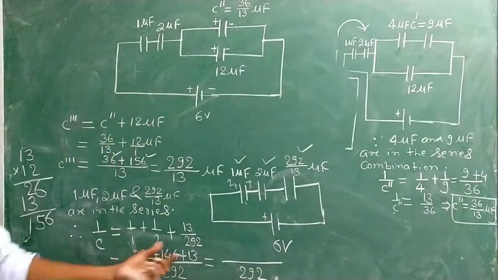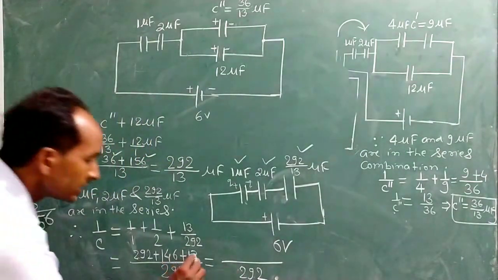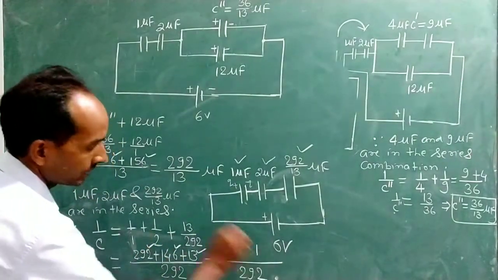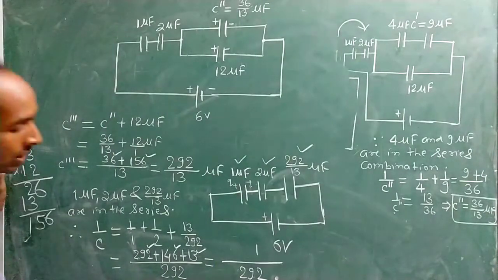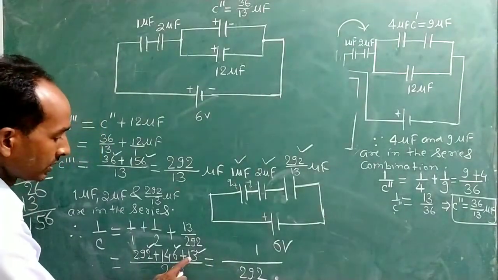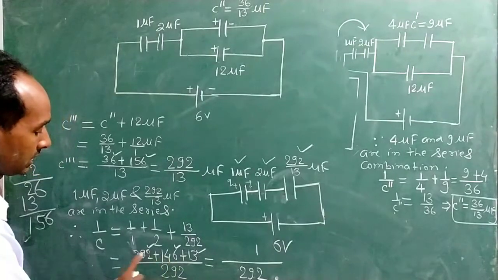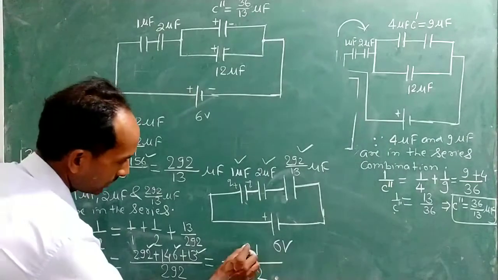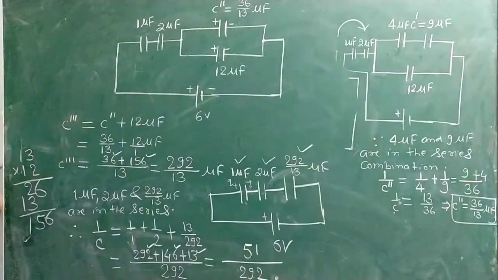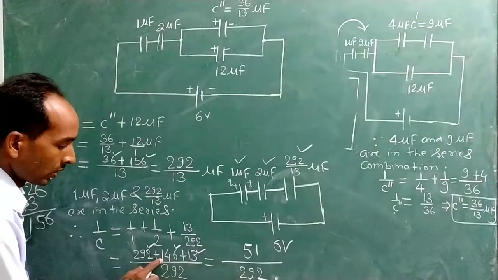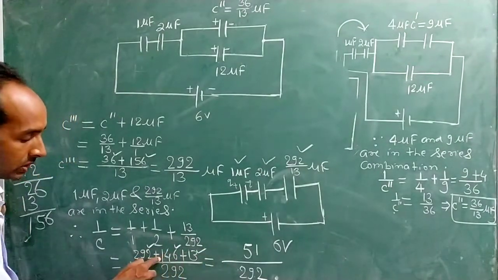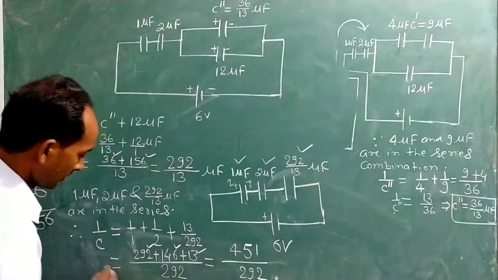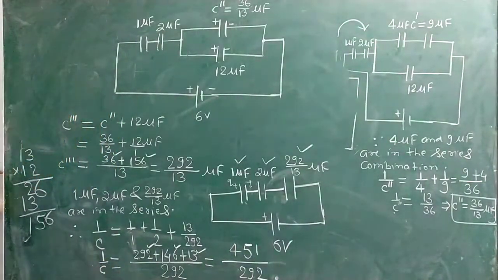192. On adding we get 451. So 1 upon C equal to this.